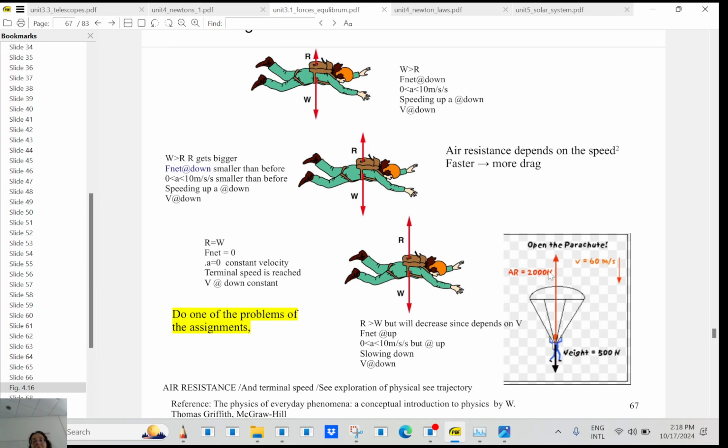Because she's slowing down, at some point air resistance is going to decrease, match the weight, and she has a new cruising speed. You have to do that, otherwise you're going to crash on the ground, right? You have to slow your speed as much as possible before you land.